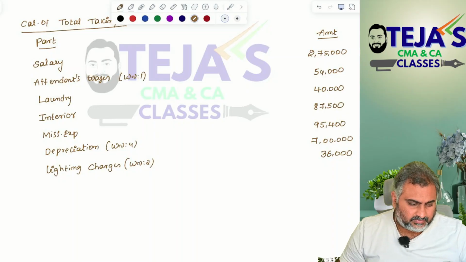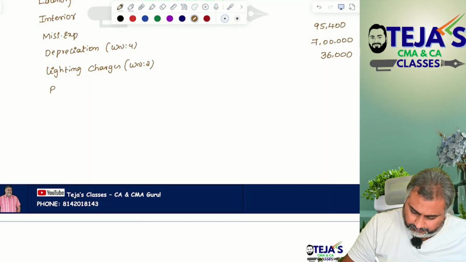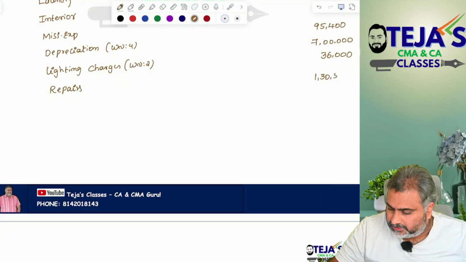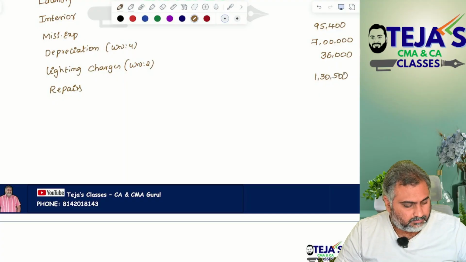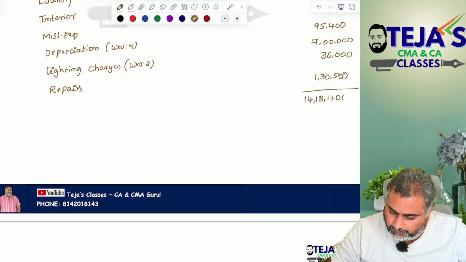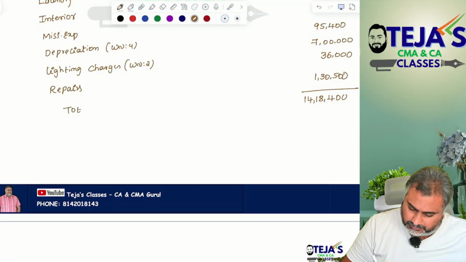One more expense: repairs. How much? 1,30,500. Totally we are getting 14,18,400 rupees as our total cost.